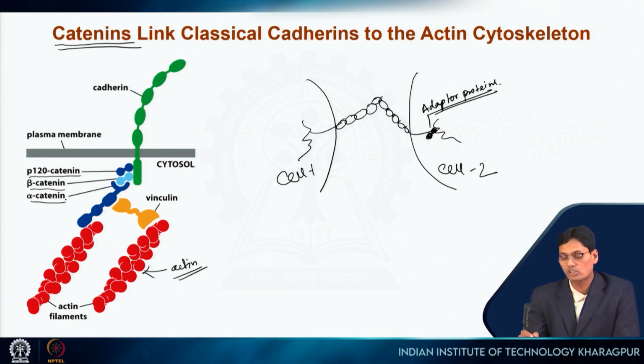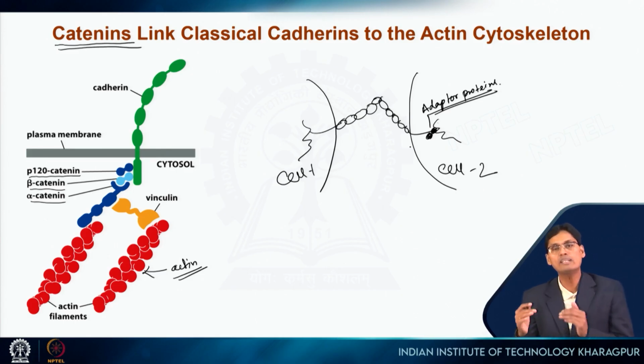But the overall idea, that's why I am drawing here, is that when cadherins interact through their extracellular domain, at the same time through their cytoplasmic domain, through some adapter proteins, they are physically attached to the actin cytoskeleton. Thereby, two cells are interacting together.